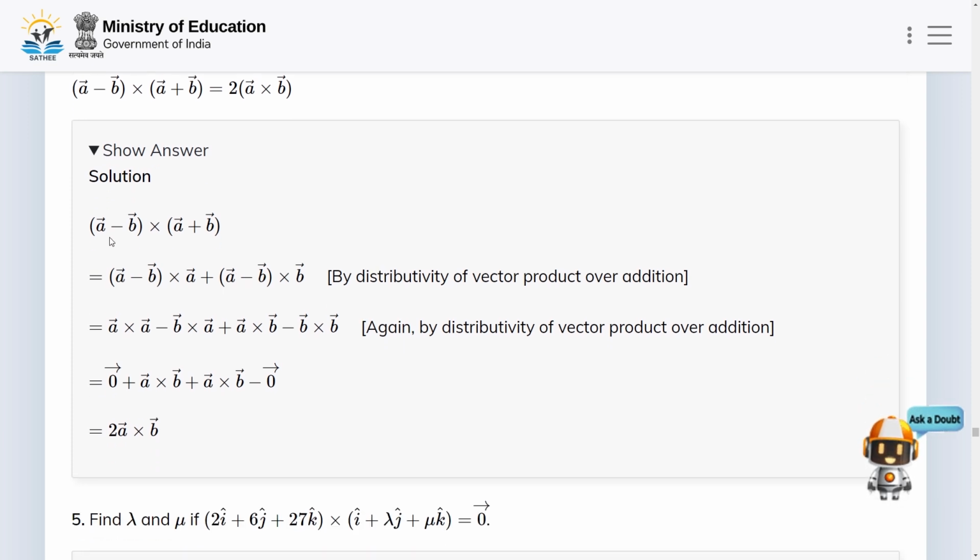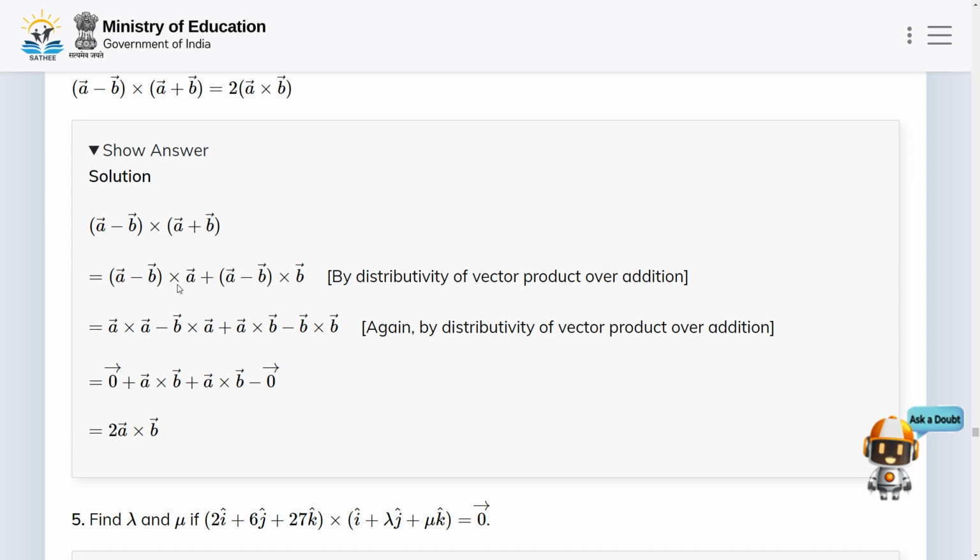First of all, we will be using the distributive property of vectors over addition. So this whole is going to be cross product with A and then add, and now with B, as you can see. Now again distribute.